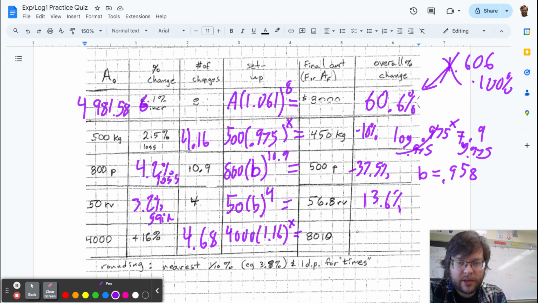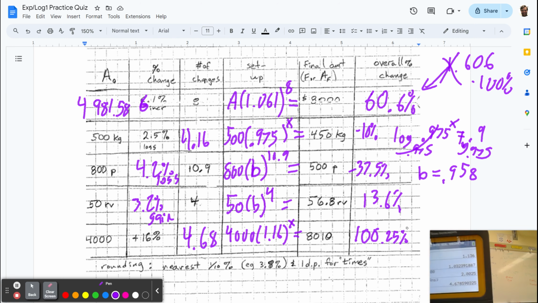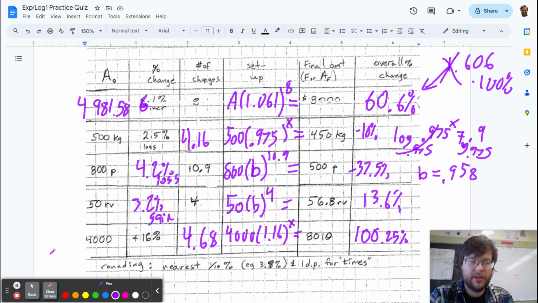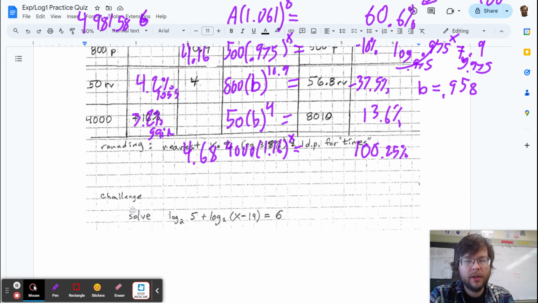Overall percent change is 100%, 100.25%. And I got that by looking at the right there, the 2.0025, and then subtracting 1 from it, just like I showed in the earlier example.